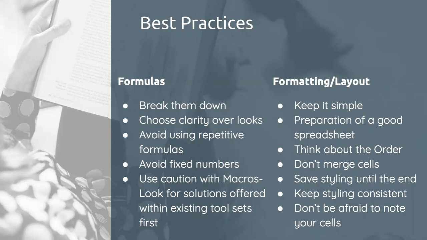But maybe that number changes, and if it's a fixed number spread across all of your formulas, it's going to be really hard to catch all of the different places that you have to update that specific number. So trying to make more of a dynamic equation, so that you can have an adjusted number that auto fills and recalculates that equation, is going to be super, super important.